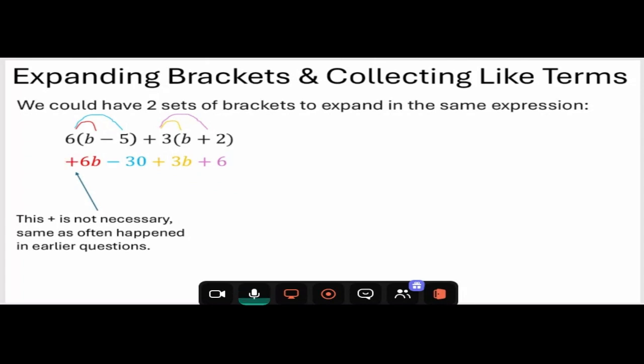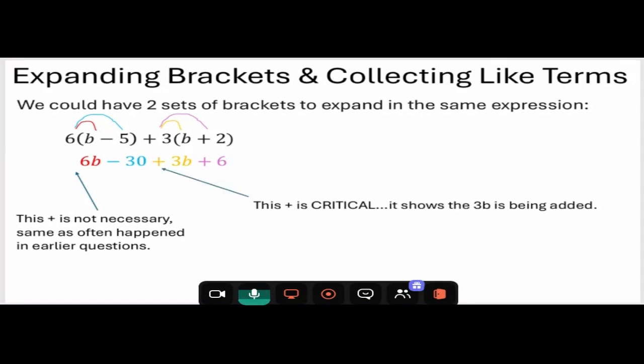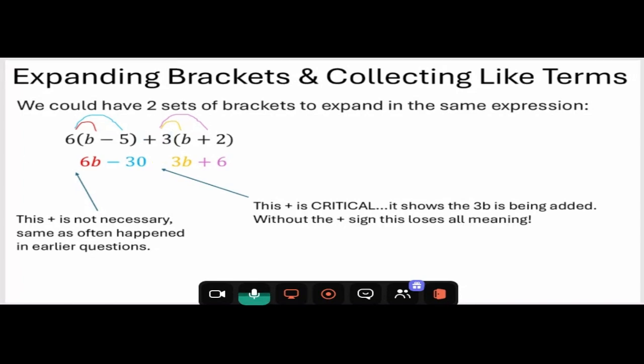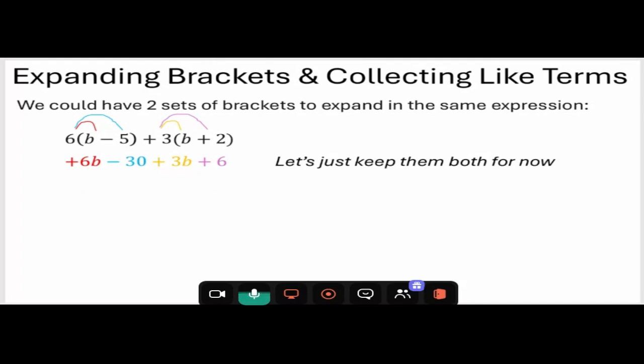And again, technically there's that one there as well. That one way out front we don't need, but this one we do, even though you could have just gone 3b plus 6, just multiplying that through, but it's not just 3, it's positive 3, right? Okay, I'm just going to leave them both in for now, and now we're going to collect our like terms.